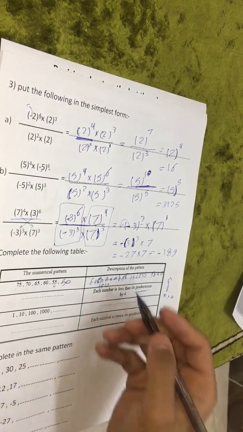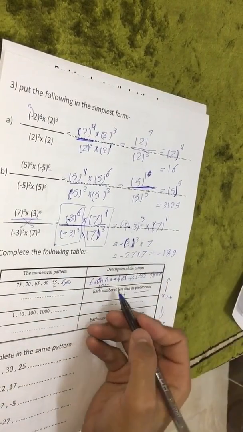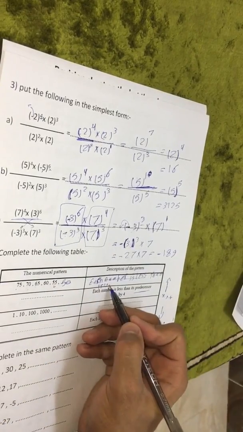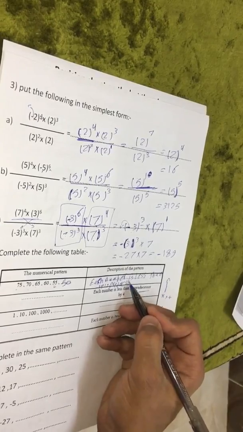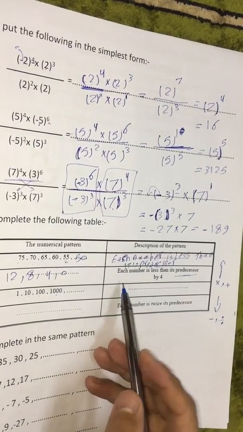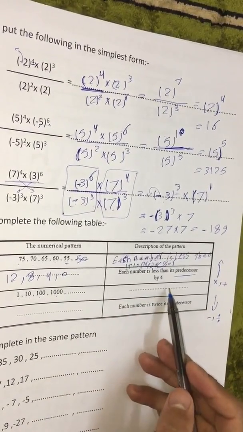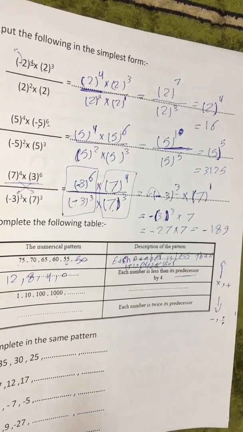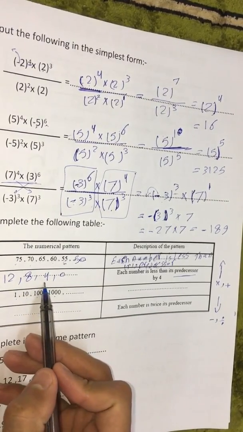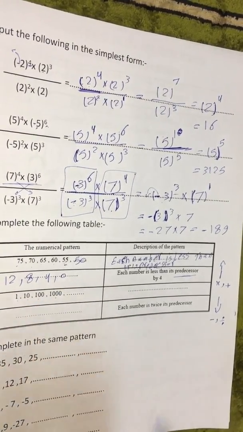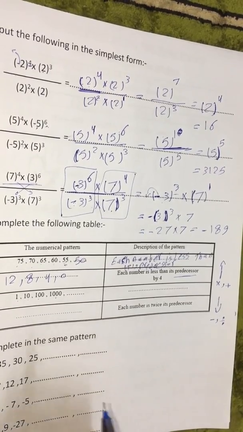The number before it. You can write the number before it, the previous number, predecessor. The next question: each number is less than its predecessor by 4. Take any number and subtract 4, like 12 minus 4 equals 8, minus 4 equals 4, minus 4 equals 0, and so on, equals negative 4, and so on.